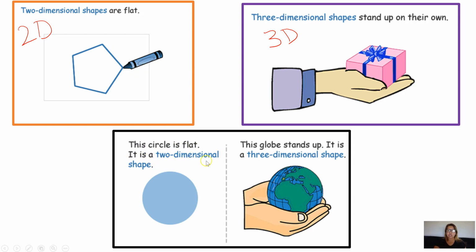It is a two-dimensional shape. So it is a flat shape, something that we can draw. This globe stands up. It is a three-dimensional shape. So therefore, someone can hold it in their hand and it can stand on its own. So this is 2D and this is 3D.